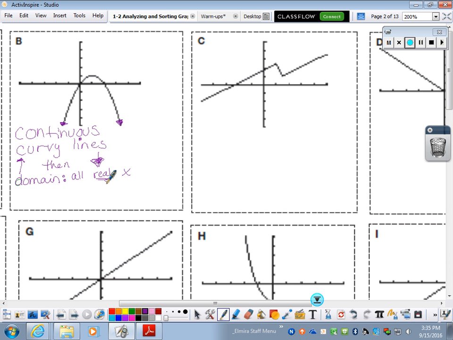Now the word real threw some people today because it seems like a strange word. Real means any number, any kind of number. It could mean a whole number, a positive number, a negative number, a fraction, a decimal, a percent, a square root, any possible kind of number with any number of decimal places. Okay, all real x. And we would say that because if we were trying to make a list of all the possible values I could put in for x, well, this graph is counting by twos.